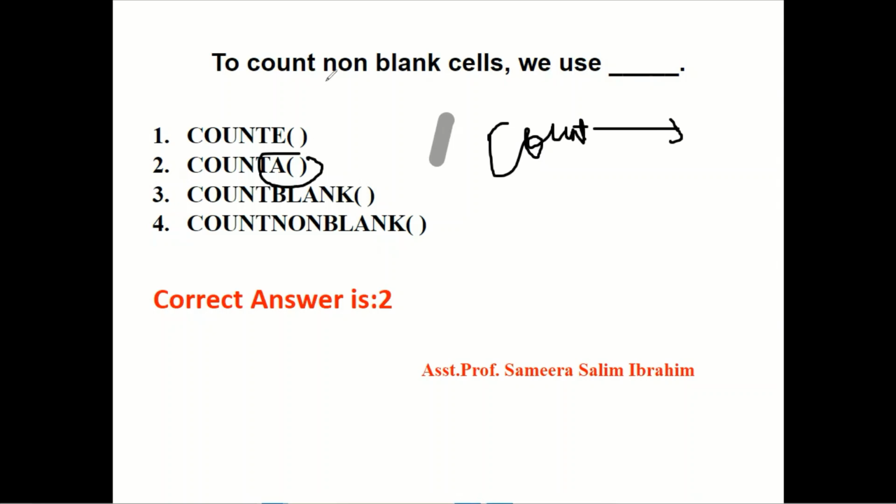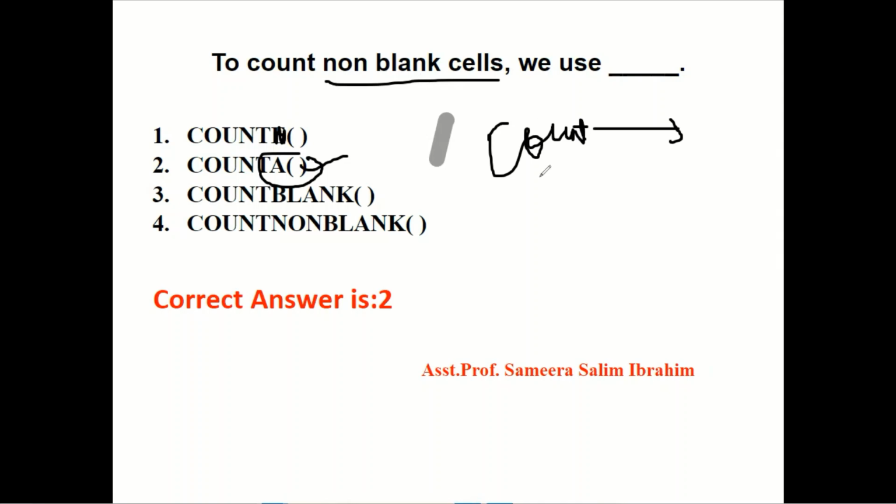So to count non-blank cells, even if COUNT had been written as an option, the correct answer would be COUNTA only. Why? Because here they are specifying to count non-blank cells. COUNTA counts numbers, characters, everything, dates also, but it doesn't count blank cells.